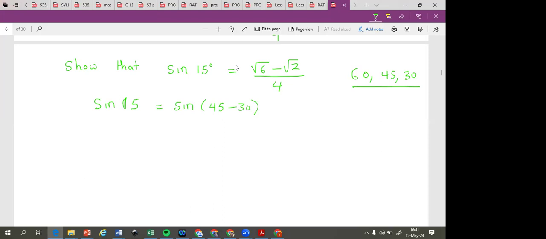Now, after reaching here, you know this is what we call subtraction of two angles when you have sine. Members, can we try, everyone? Yes. Let us try and see whether it comes out very well.